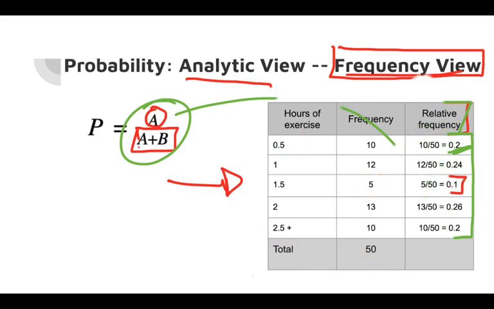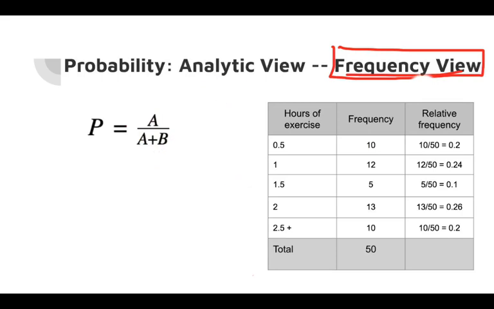So frequency distributions can be really nice because the other way of looking at this is you can take this data that I have and plot it as frequency versus hours of exercise, where this would be 0 and it would tick itself off over to 2.5 plus, and we could plot all these values.